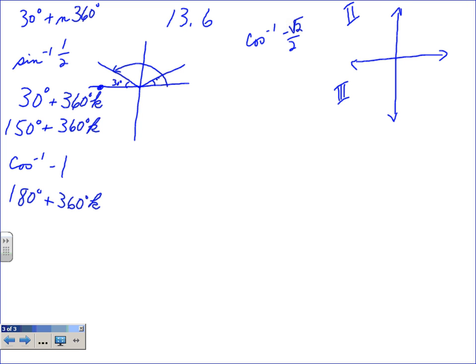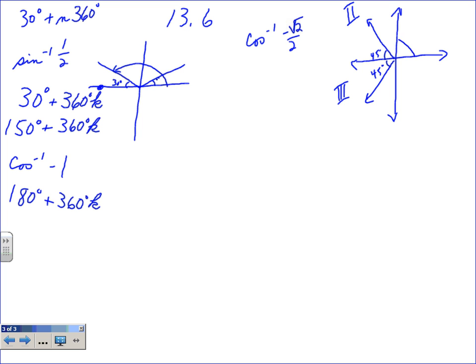Now, cosine of what angle is square root of 2 over 2? 45 degrees. In this quadrant and this quadrant, where the reference angle is 45 degrees. But I don't want the reference angle.